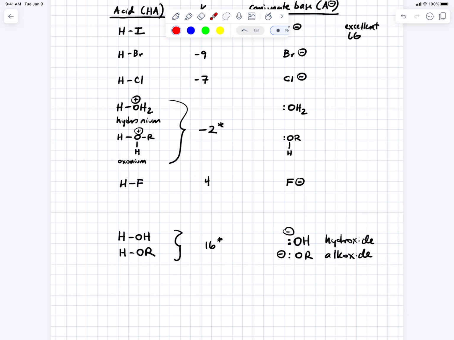So you need to be aware that positively charged hydronium going to neutral water has a pKa of -2, which is much easier and much more favorable than neutral water going to negatively charged hydroxide. Okay, you need to be aware of that and see that distinction.